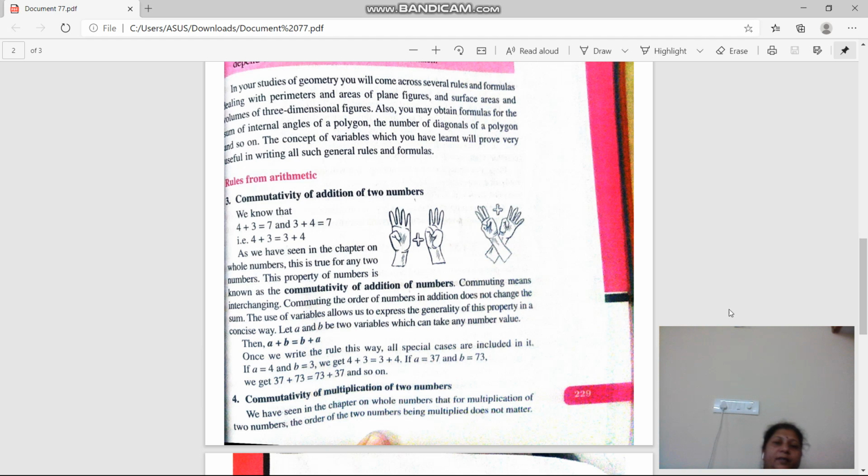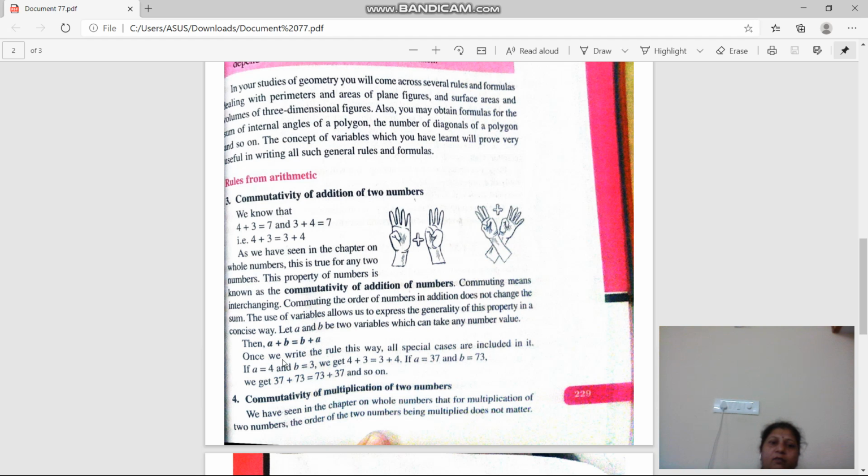Here we have taken the variables a and b. If we add a plus b, where a and b stand for any two different numbers, we will get b plus a.